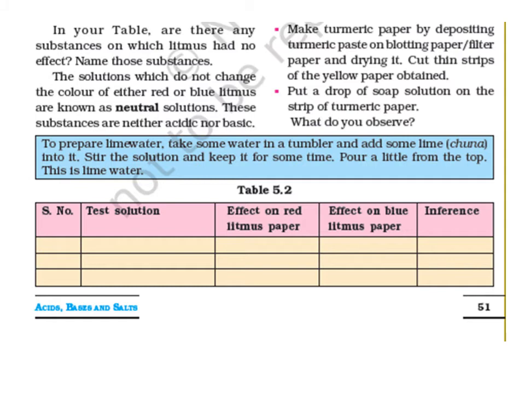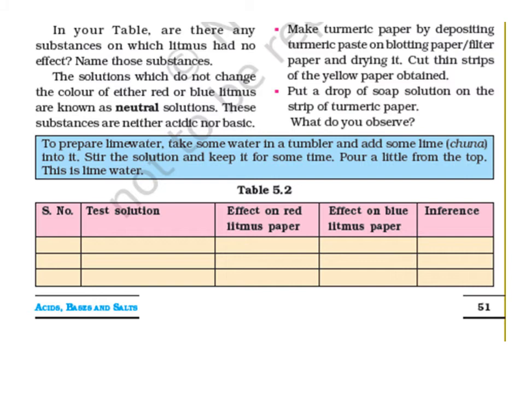Then what you have to do? You have to take the same substances which we have taken in our last activity, like lemon juice, detergent, sugar solution and plain water, washing soda, milk of magnesia, soap solution, whatever is available with you. For example, we will take again lemon juice, detergent solution and sugar solution.